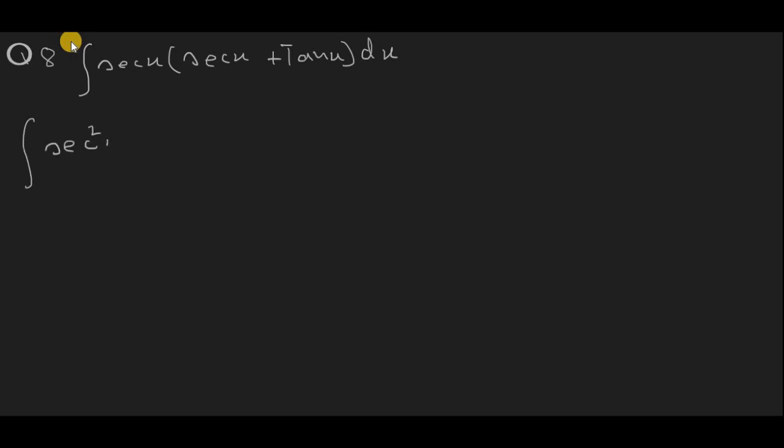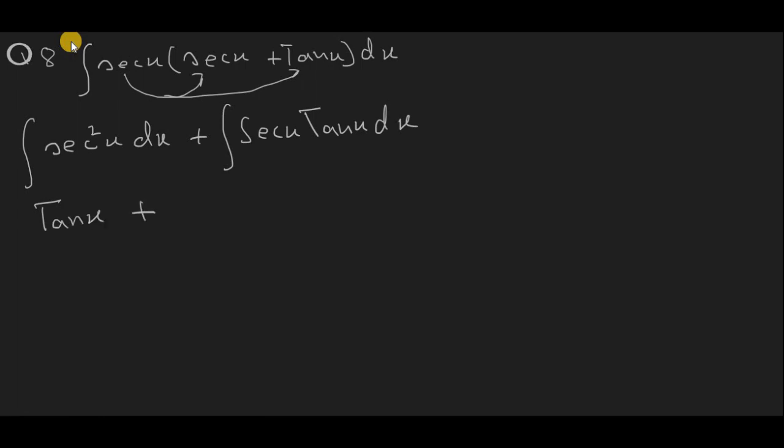Integral secant square x dx plus integral secant x tangent x dx. Actually we have multiplied this secant x with this term and with this term. So the integral of secant square x we know is tangent x plus c, then the integral of secant x tangent x is secant x plus c. So simple question.